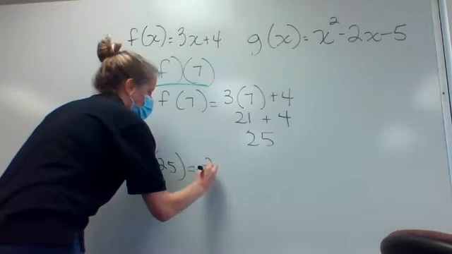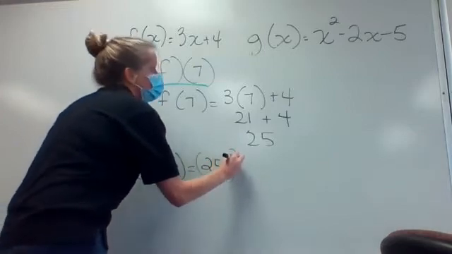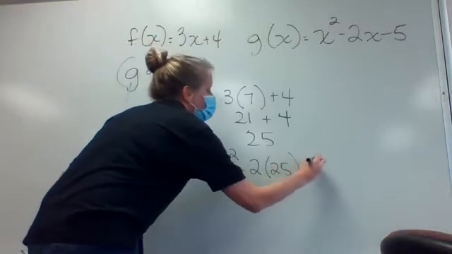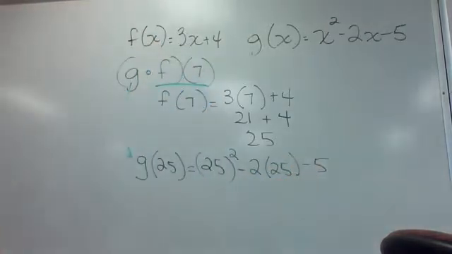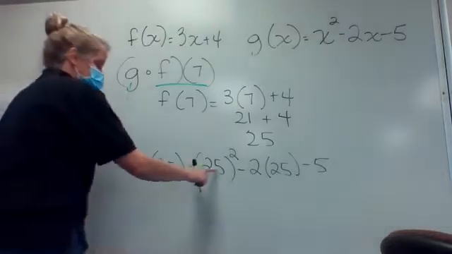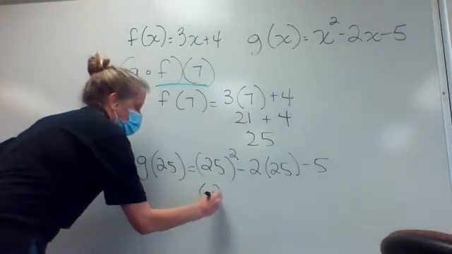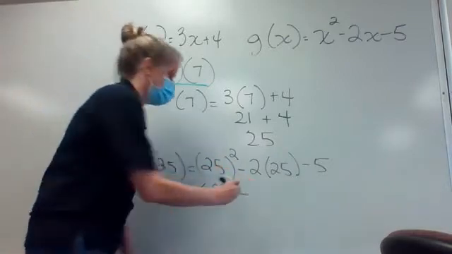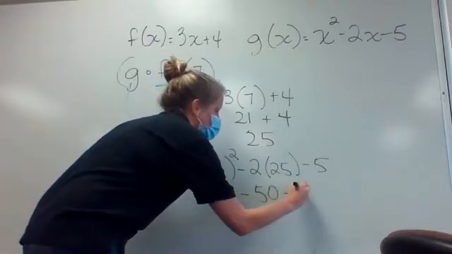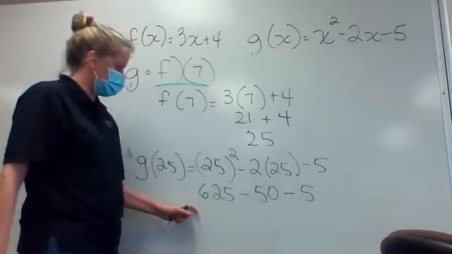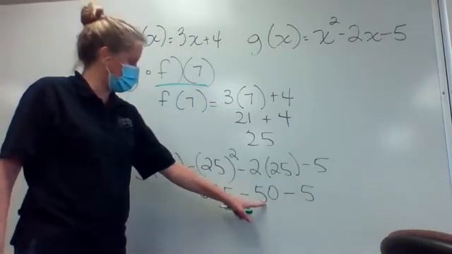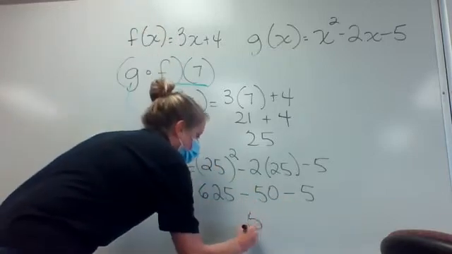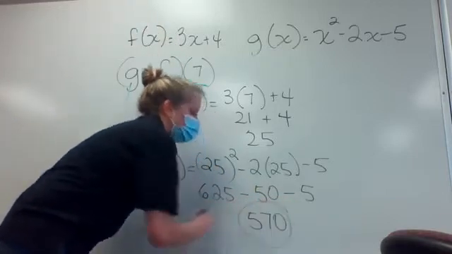So I'll have 25 squared minus 2 times 25 minus 5. So 25 squared is 625, minus 50 is 575, minus 5, which gives me 570.